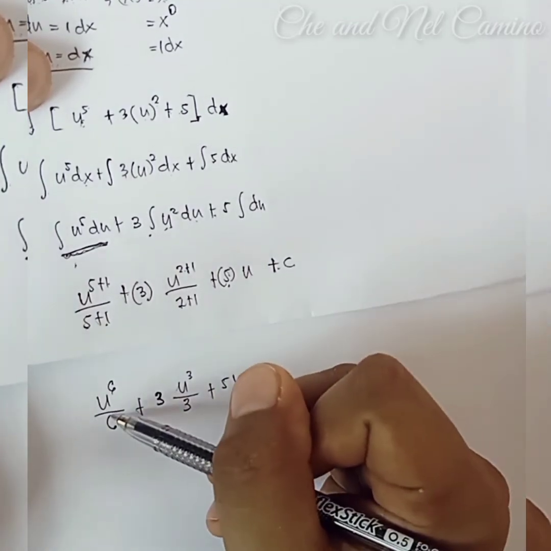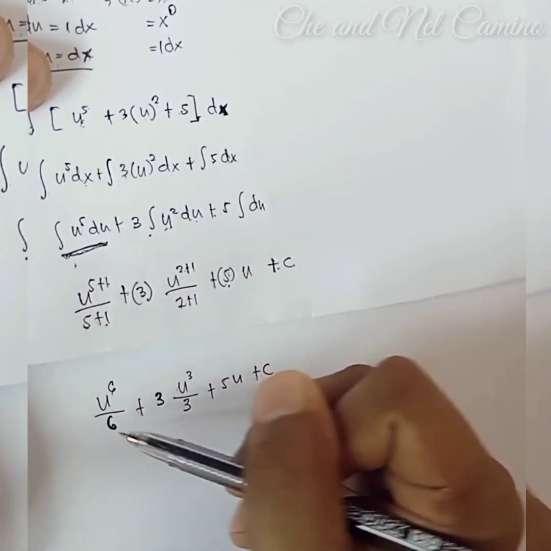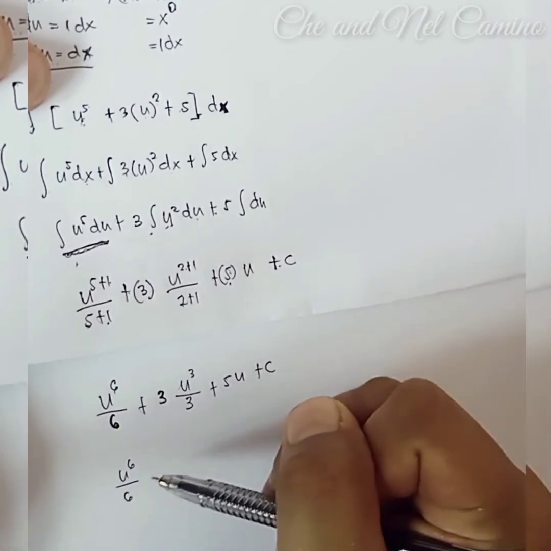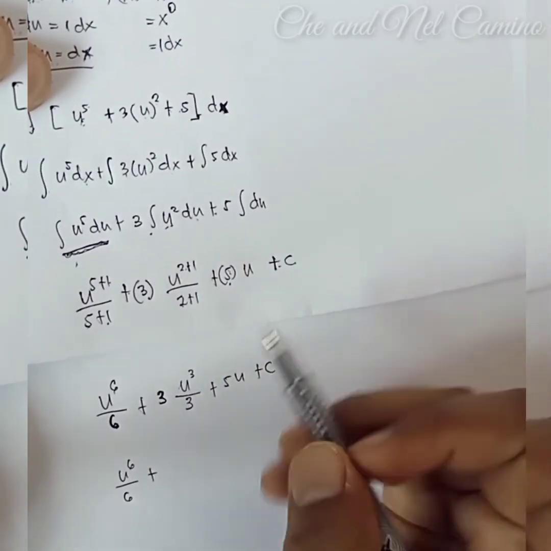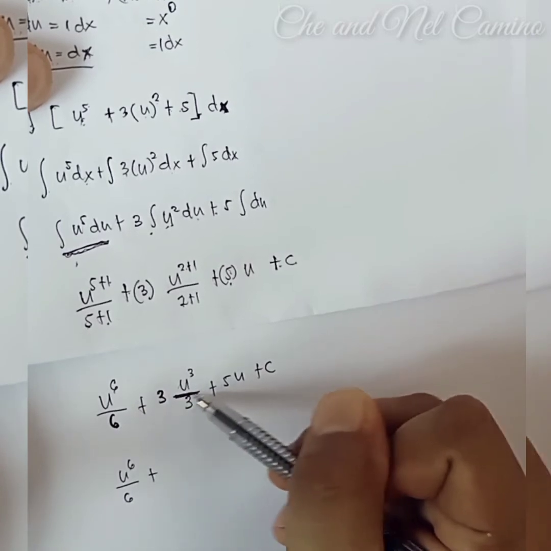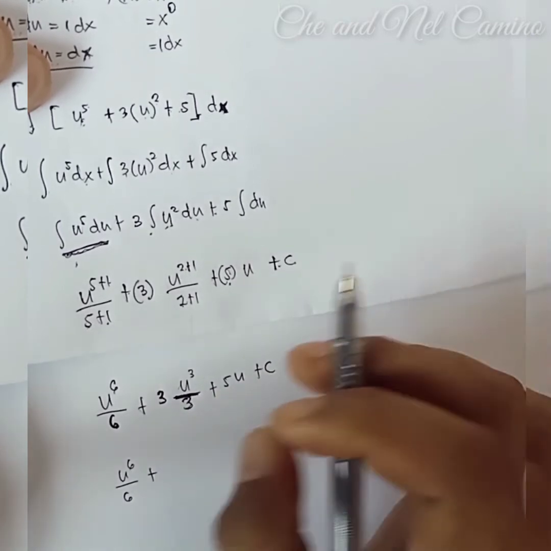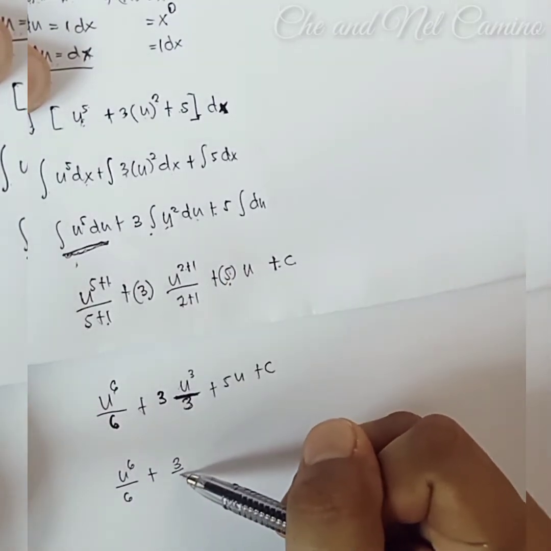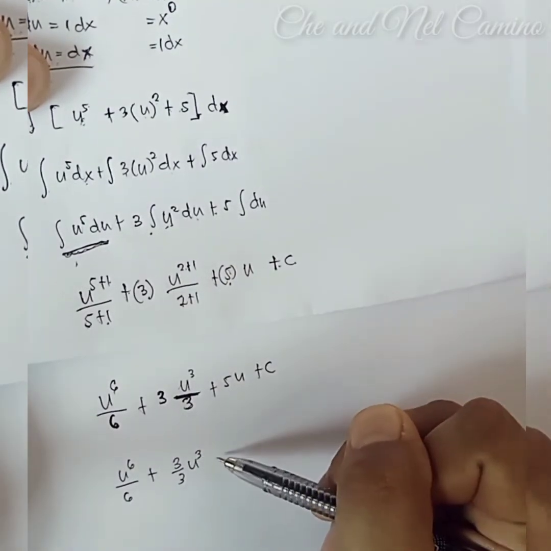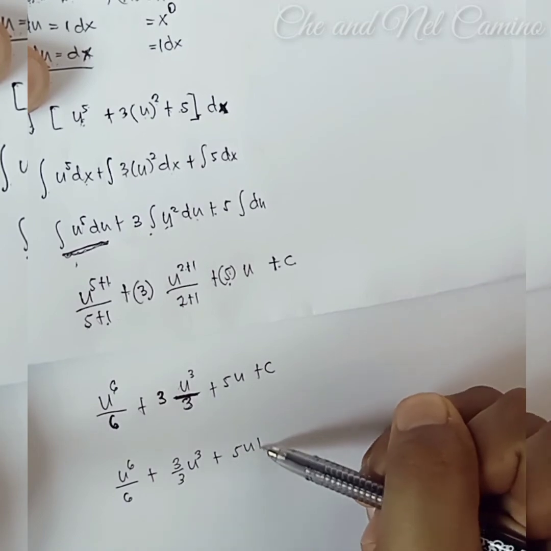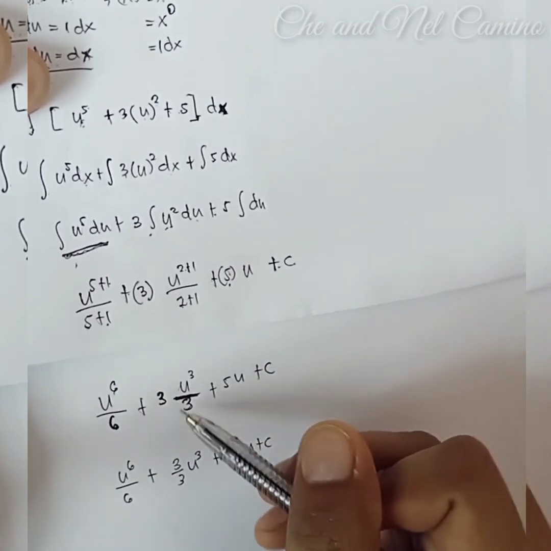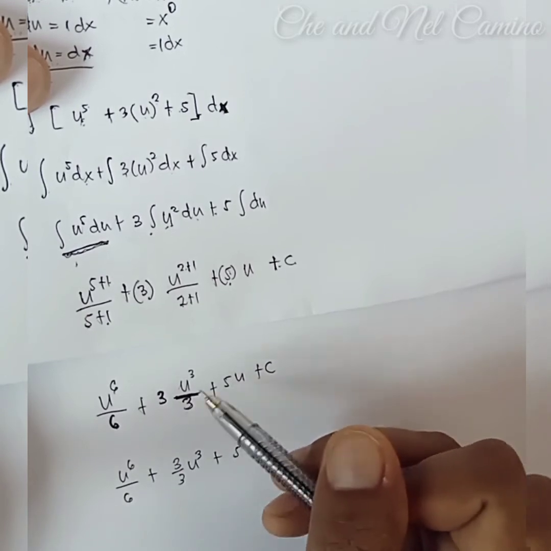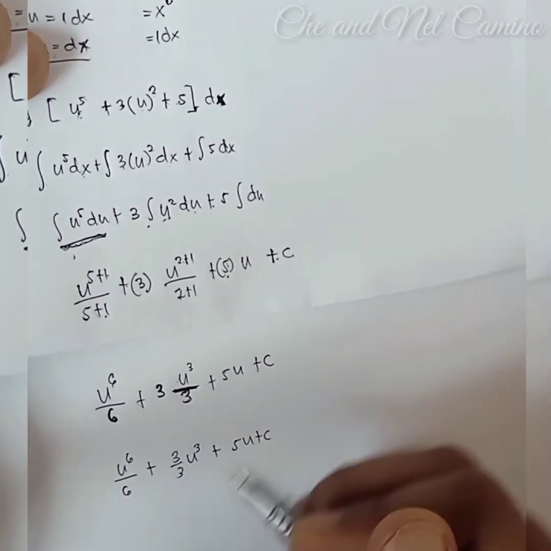So we have u to the power of 6 all over 6, plus we can rewrite this expression into 3 all over 3 times u to the power of 3, plus 5u plus c. It's just basic algebra.